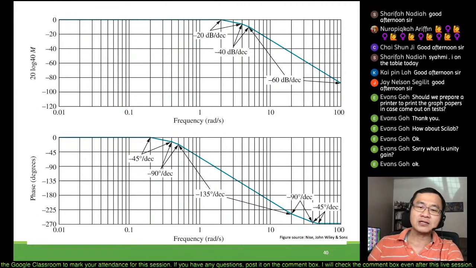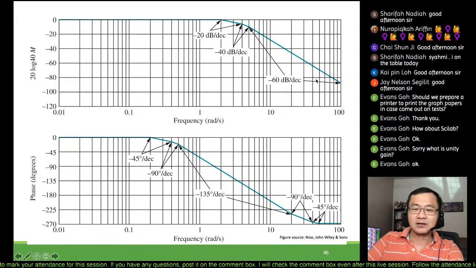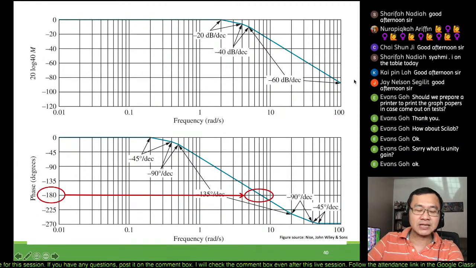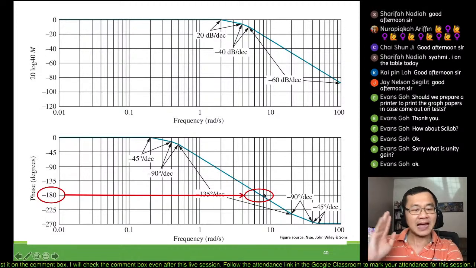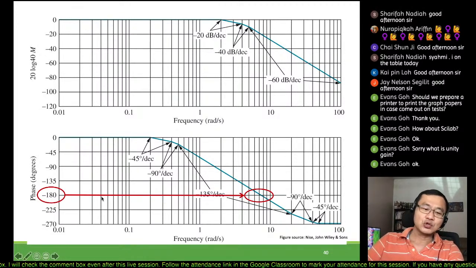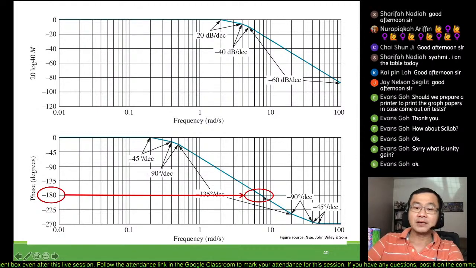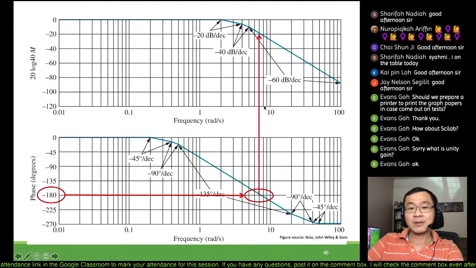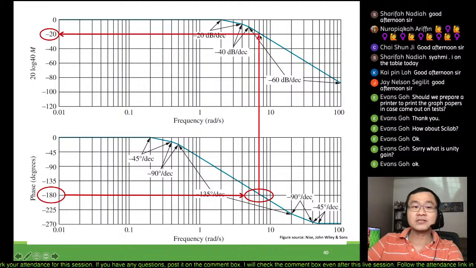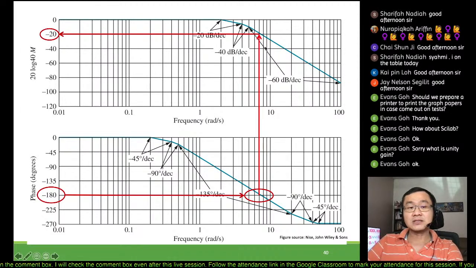How we interpret that is we start at 180 degrees. We're only interested in 180 degrees. So we check 180 degrees at this particular frequency and map them up. At this particular point we notice the magnitude is minus 20.